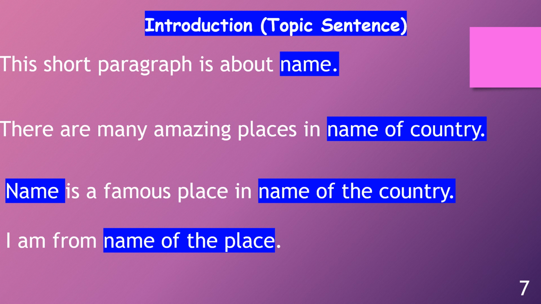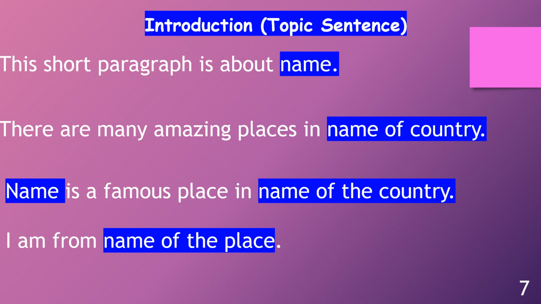So this short paragraph is about Nizwa. If you are writing about a famous place or a special place in your country or any other country, then you can choose number 2 or 3 as a topic sentence. Like, there are many amazing places in Oman and Salalah is one of them. Or Salalah is a famous place in Oman. Finally, if you are writing about your hometown, choose the last one.